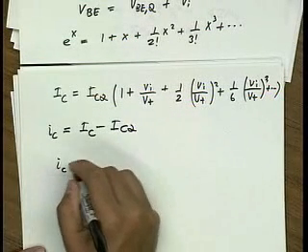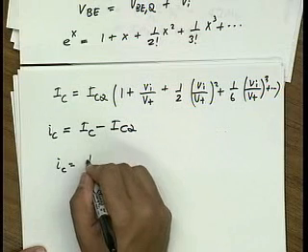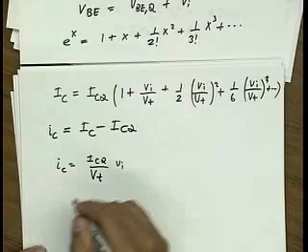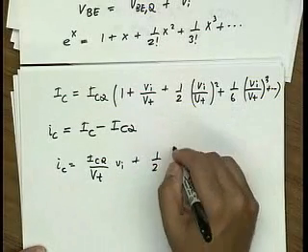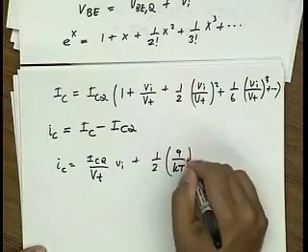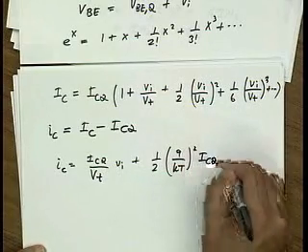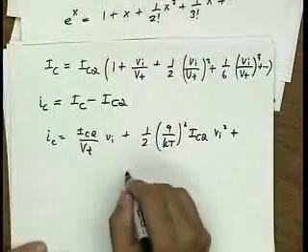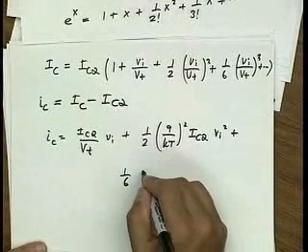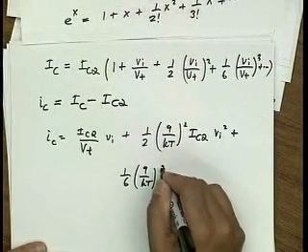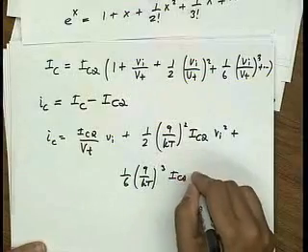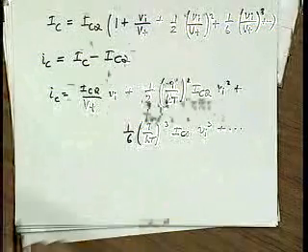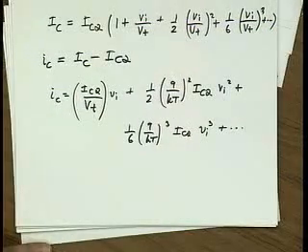So the signal output simply looks like ICQ over VT times the input, plus this term, 1/2 (Q over KT) squared ICQ V input squared, plus, I'm just expanding these terms, 1/6 (Q over KT) cubed ICQ V input cubed, and so on. All right? So what is this term? Look familiar?